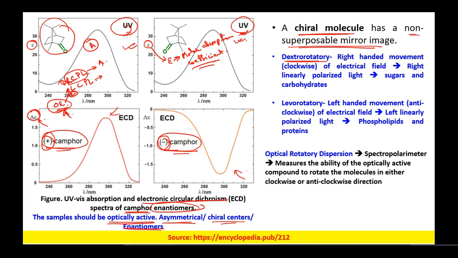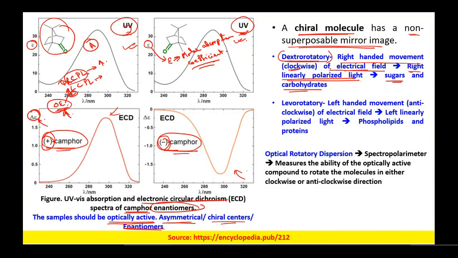Dextrorotatory is nothing but right-handed movement of the electrical field, that means clockwise. This leads to the generation of the right linearly polarized light. Many compounds like sugars and carbohydrates are inherently dextrorotatory in nature.